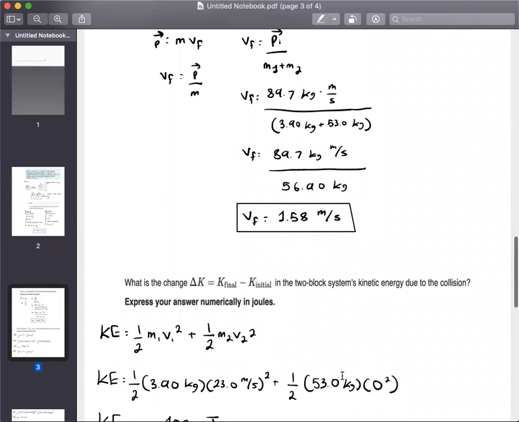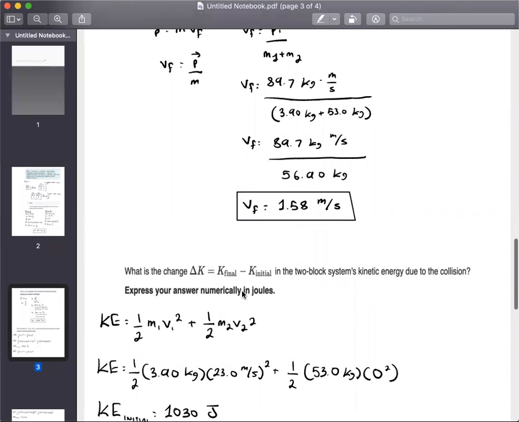The last part of this problem is asking, what is the change in the kinetic energy of the two block system's kinetic energy due to the collision? It's also giving us this equation: the change in kinetic energy is equal to the final minus initial energies.